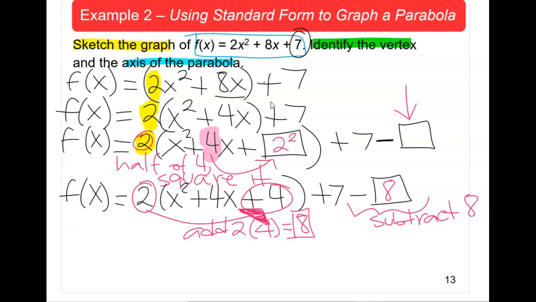Okay, so now that we did that, we are going to factor the trinomial into a binomial square. And so that is the purpose of completing the square, so that we can factor it in this way.